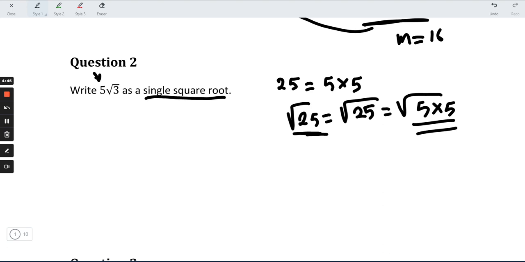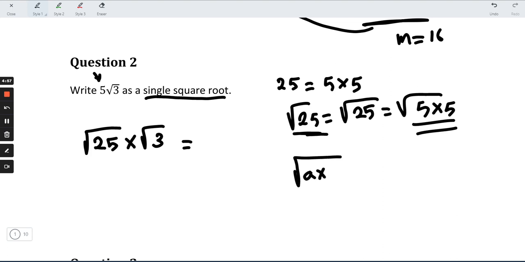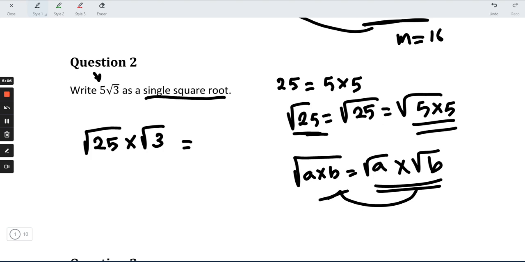Now we will write it like this: square root of 25 times square root of 3. This will give us, as you know before, this rule is important, the square root of a times b equals square root a times square root b, so you can move from this form to this form.